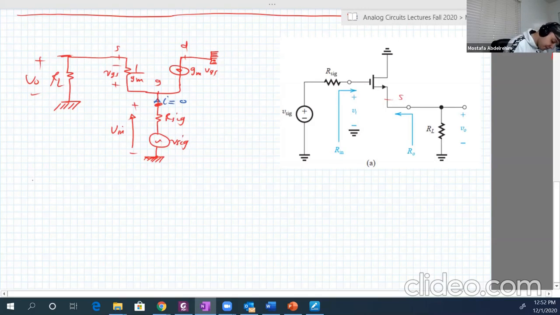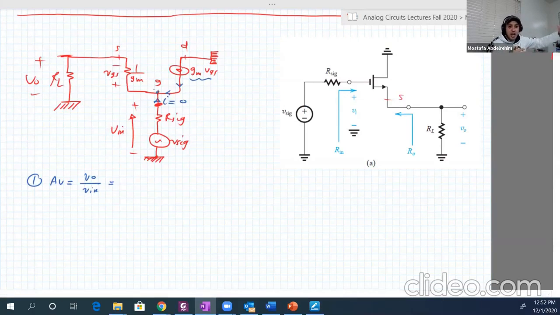Good. So AV number 1 is equal to VO over V input. So what is VO? Let's follow the flow of this current. This current flows in that branch. Then at that point, it should divide into 2 branches.